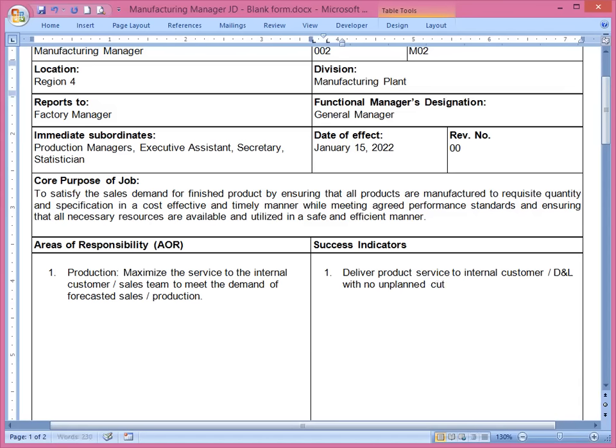By saying this, reduction based on forecast volume.